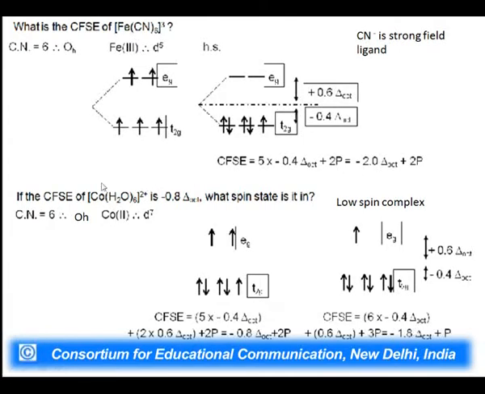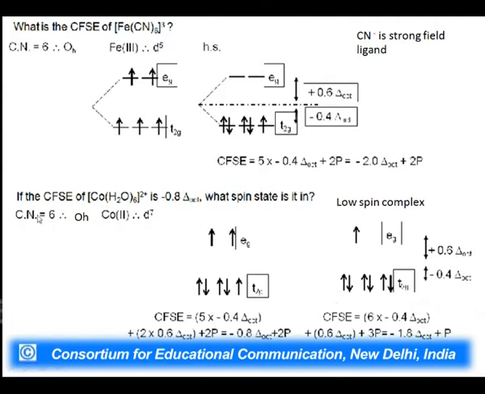Look at the second example. Here, it is a cobalt 2 ion which is being surrounded by 6 aqua ligands. Now, here once again, if we know the CFSE, can we comment upon what spin state it has? Yes, because you can write both spin states, calculate the CFSE, and match the observed CFSE with the spin state of the complex.